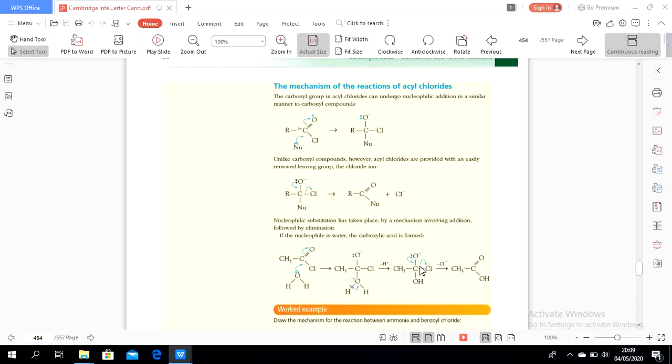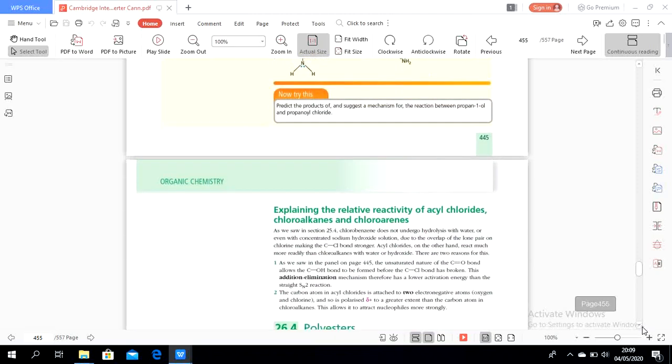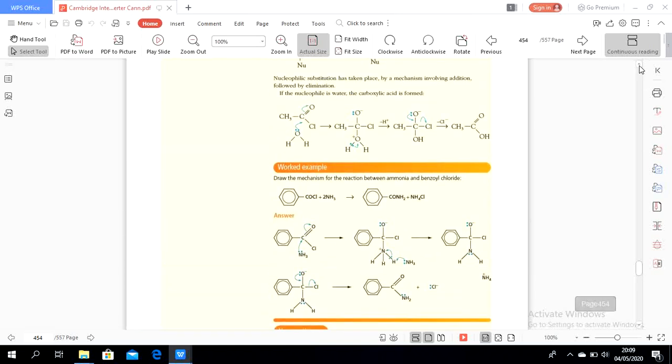Then the electrons of the carbon are taken by the chlorine, and the electrons of the oxygen go inside, making a covalent bond with the carbon, and it forms a stable molecule called ethanoic acid. Okay, so these are the mechanisms of the acyl chloride.